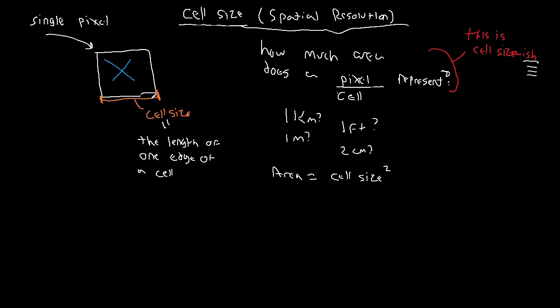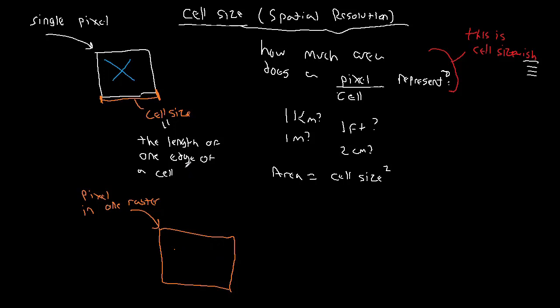But let's talk about why cell size matters, or a visual example of what happens and why cell size matters. So let's say we have this orange pixel right here. So this is a pixel in one raster. I'm not going to draw its value, but just remember that this is going to have a value inside of it that represents all of the area that is covered by this 1 pixel.